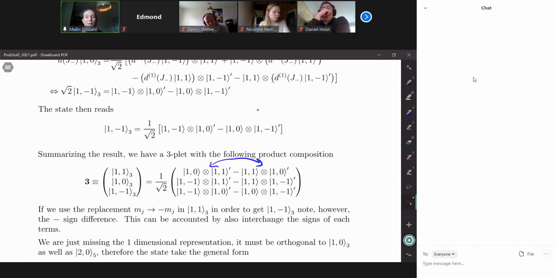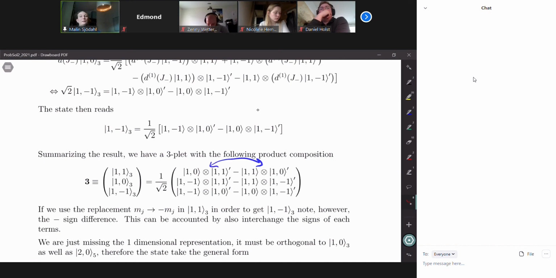So it's antisymmetric with respect to exchanging the two participating spin 1 states. And if we look at it, we see that this antisymmetry is following. So this state is actually also antisymmetric. So if we swap them, this guy goes to this guy, and this guy goes to this guy. So we get the same thing, except that we get a minus sign. And similarly down here. So actually all these states are antisymmetric with respect to exchanging the two spins.